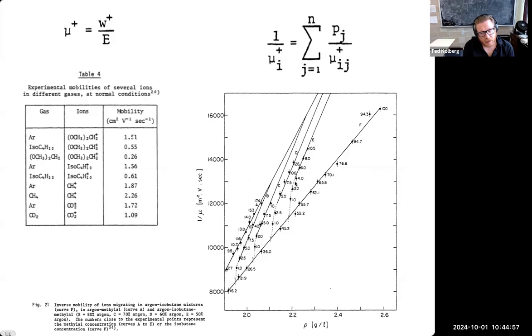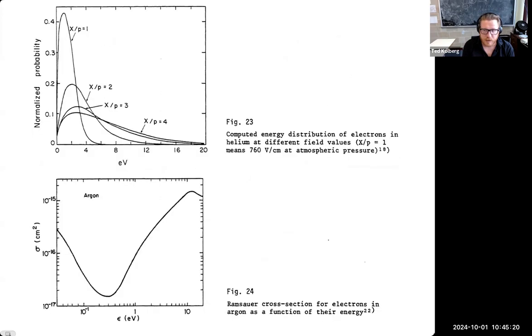You can see that the points which are experimentally measured follow well the curves predicted by this simple sum rule. So that's a nice feature. If we have some new gas mixture that we want to try out, we can pretty reliably calculate what drift velocity we expect the ions to attain, just knowing the mobility in the individual component gases.